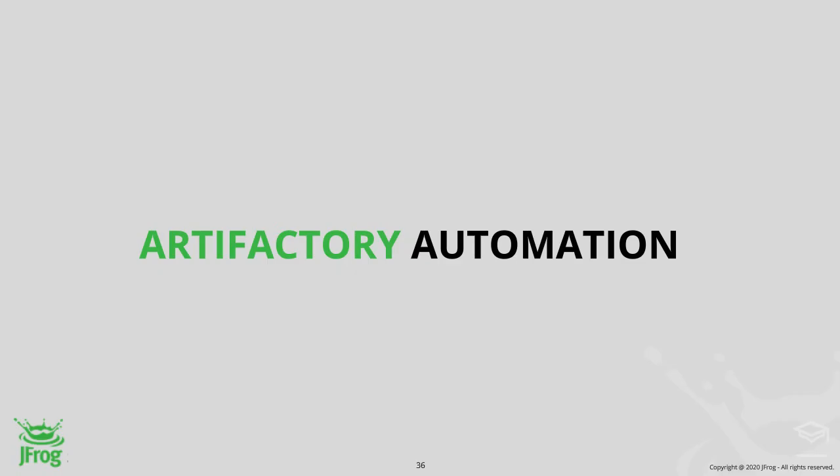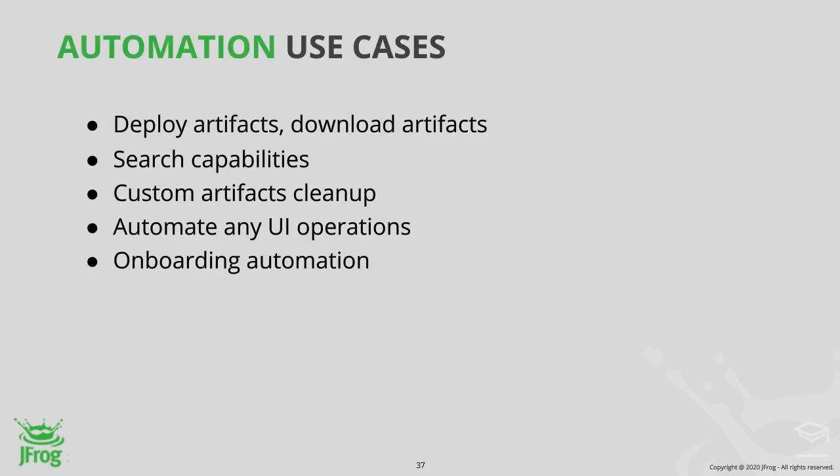Okay, that's actually our last topic. So let's talk a little bit about Artifactory automation. There are different use cases for automation in general, especially when we are talking about Artifactory.